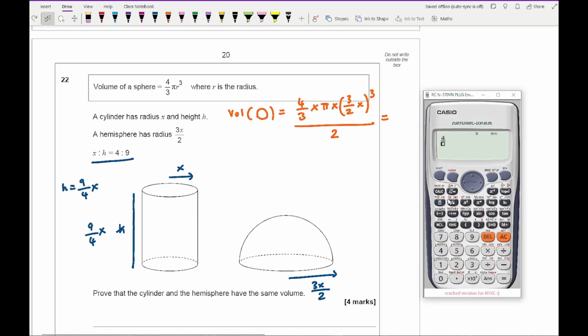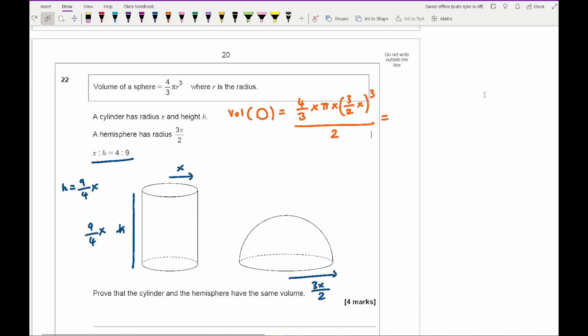So I've got 4 over 3 multiplied by, bracket, 3 over 2, close bracket, cubed, equals, and then divide that by 2, I end up with 9 over 4. So this is going to give me 9 over 4, and then it's pi x cubed.